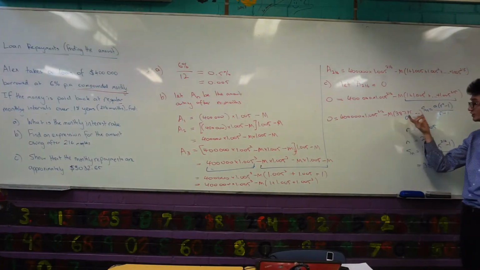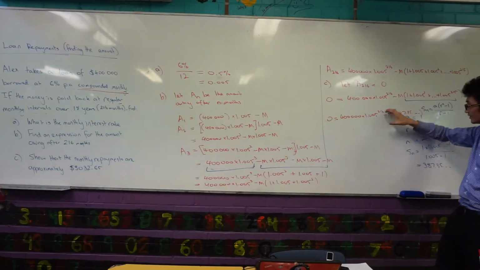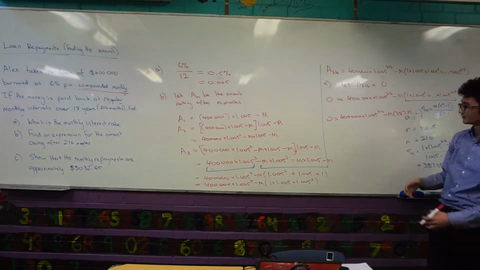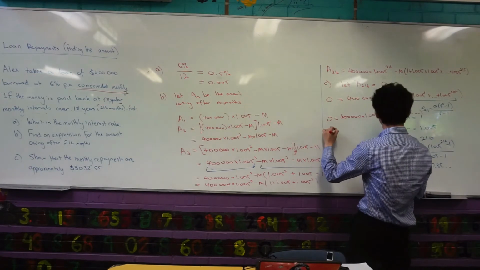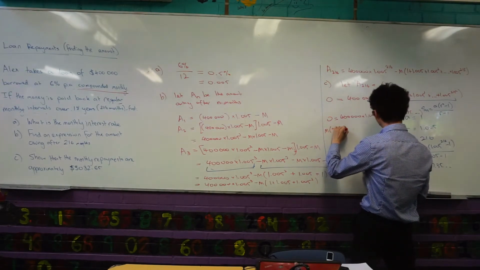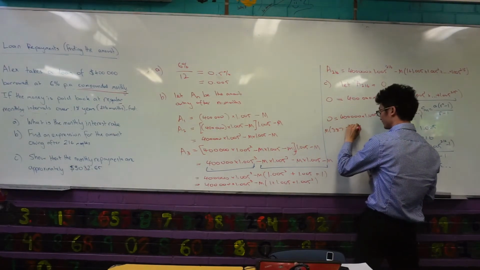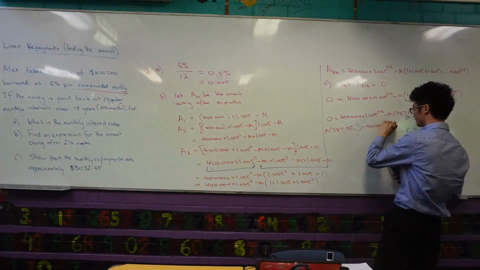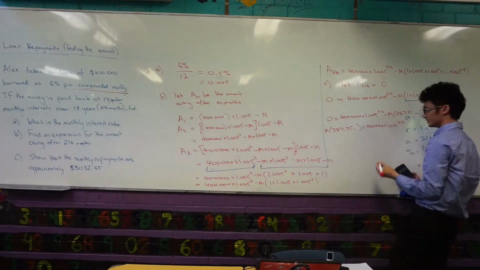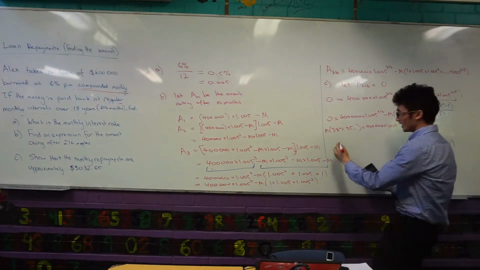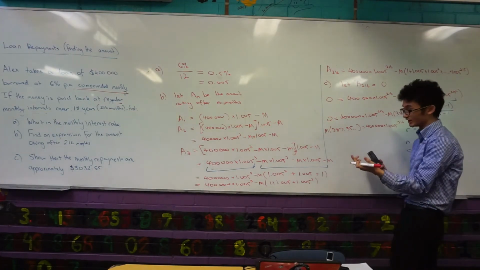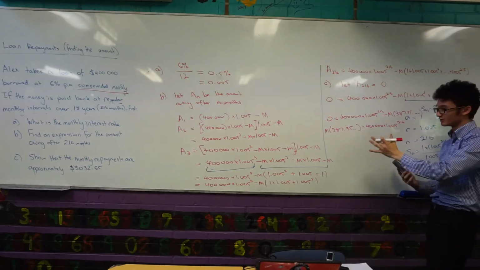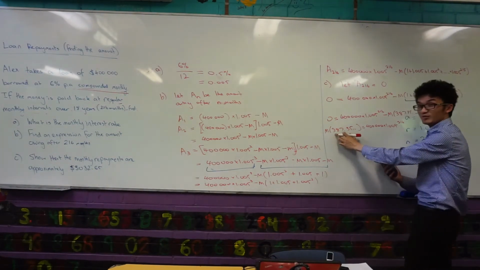So all I'm going to do is just rearrange my equation. I'm going to add this part of the expression to both sides, so I'll get m times 387.35 equals 400,000 times 1.005 to the 216, and then because these two are just multiplied together, I just want to think opposite operations, so I'll divide both sides by this number here.